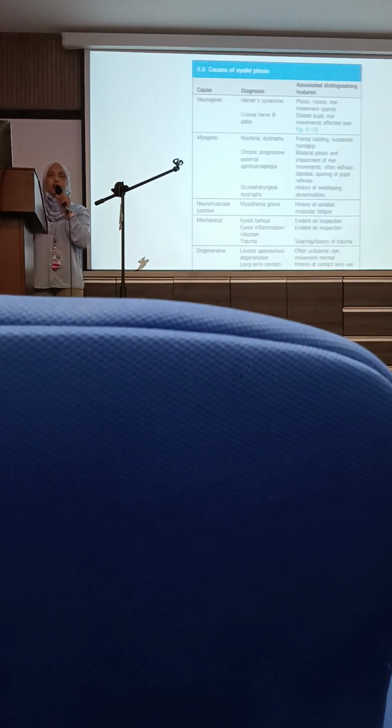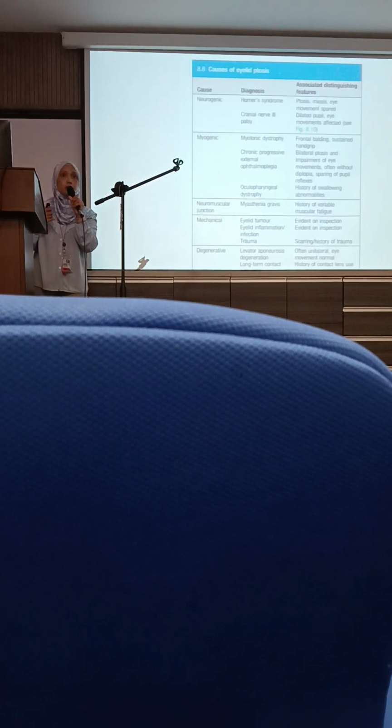And then if it's not the muscle, is it at the junction? Like I mentioned earlier, this is how you determine the level of abnormality once you detect it. So NMJ problems like myasthenia gravis can have ptosis.